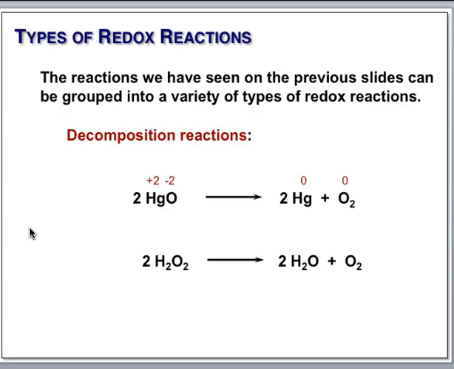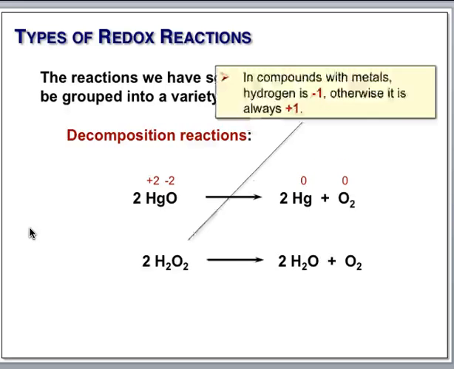Remember, hydrogen bonded to a nonmetal will be +1, which means that our oxygen must be -1. Well, that's disturbing. Hydrogen is higher on the list. If it's bonded to a nonmetal, it will be +1. To be neutral, oxygen must be -1.